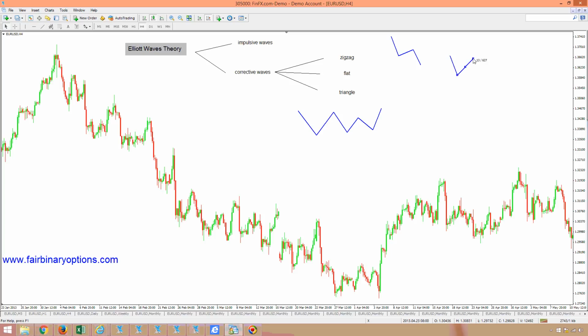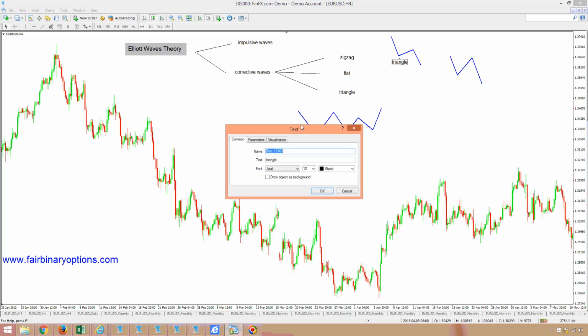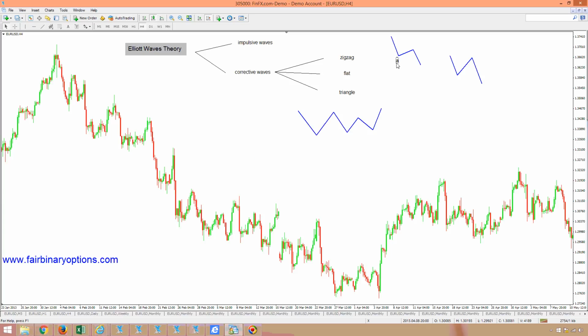You have wave A, and then a B wave, and then a wave C. As you notice, based on what I said so far, these are all corrective waves, and they are always labeled with letters and not with numbers. So this would be wave A. This would be the B wave.